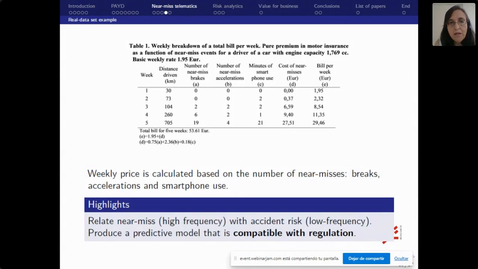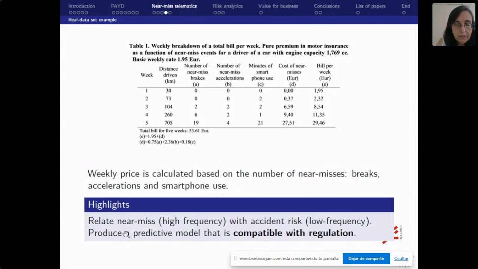So this is the basic price before all the extra expenses have to be added. No insurance company can offer this very cheap price, because they have to add more things into this pricing. But this is the skeleton of how the price is calculated.